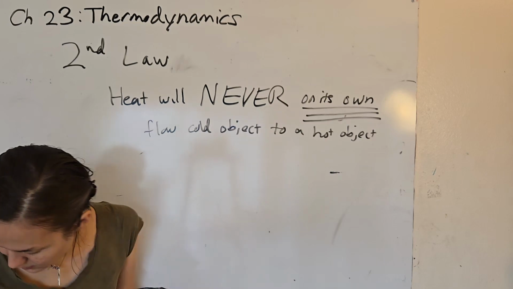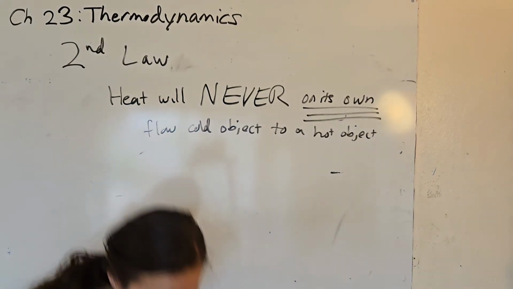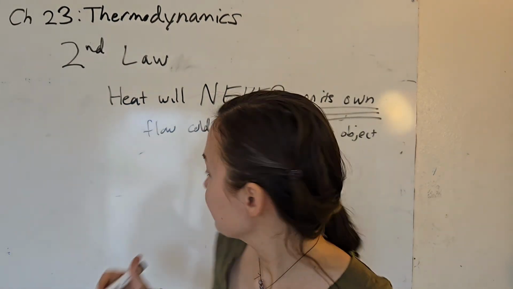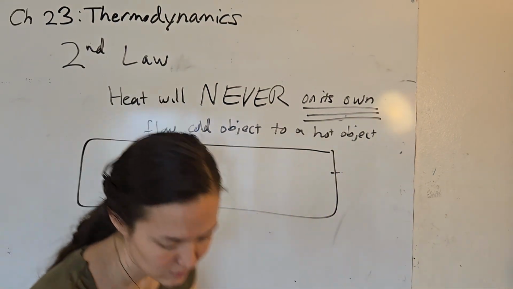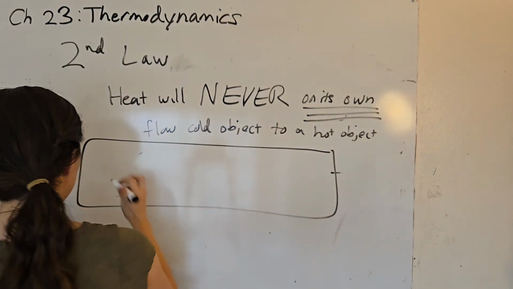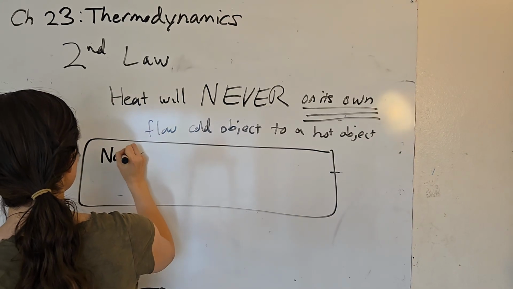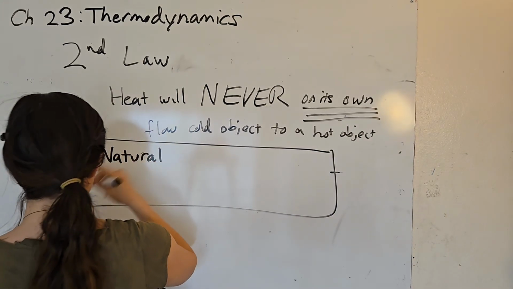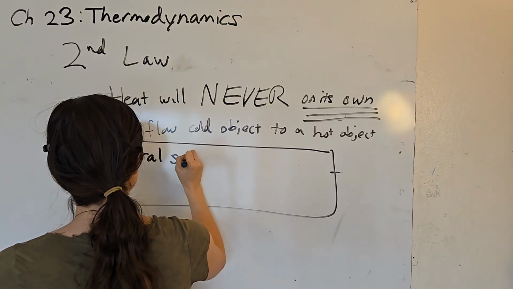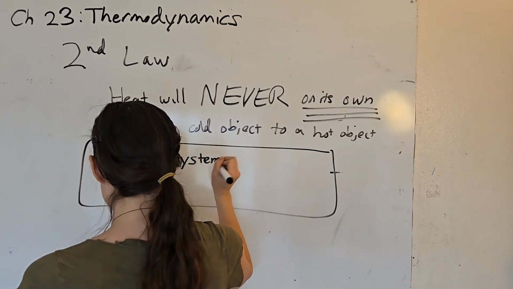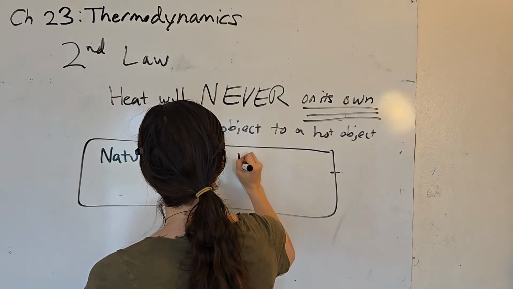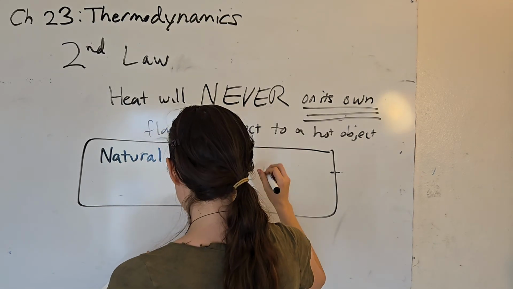Another way to say it, the way that you probably hear about it the most, is natural systems. So this is not a system where you are pumping in work or effort or new stuff like the fridge. This is a natural system. So a system left to itself, without a human intervening, without some intelligent person intervening.